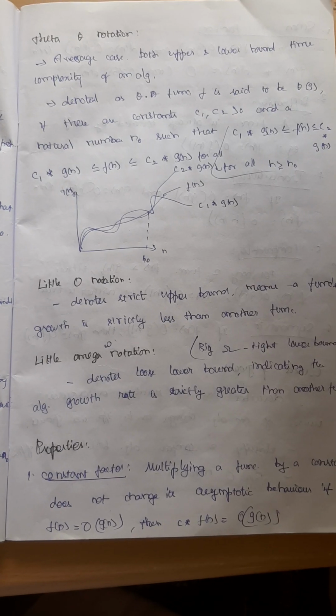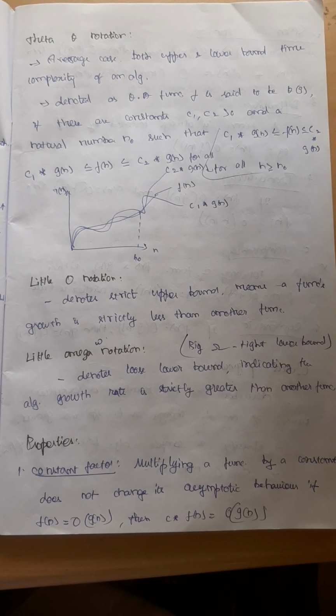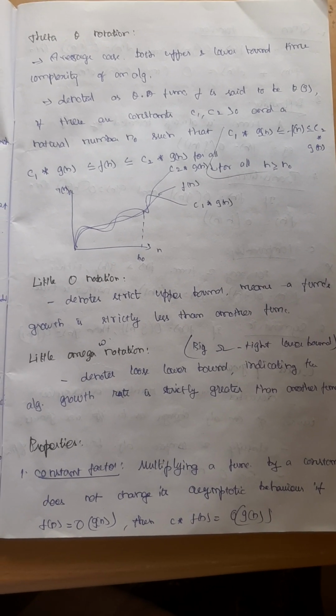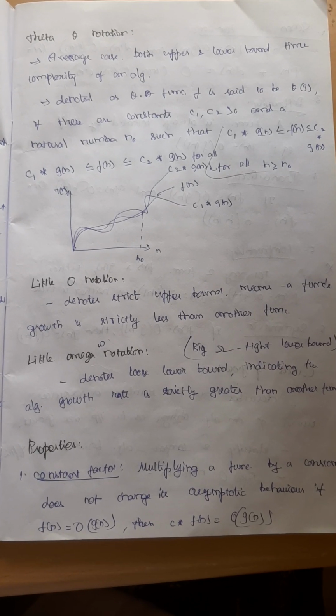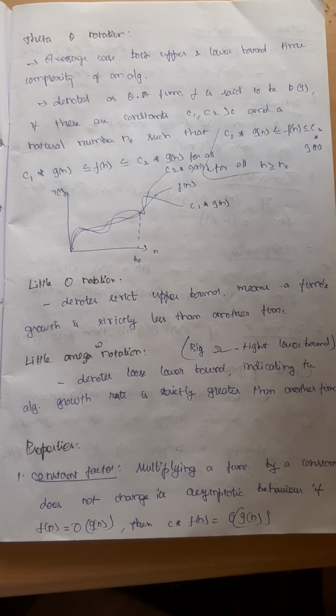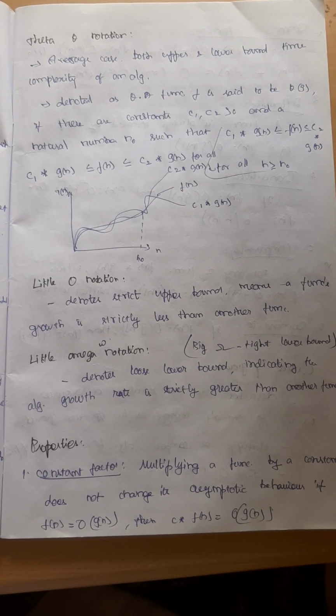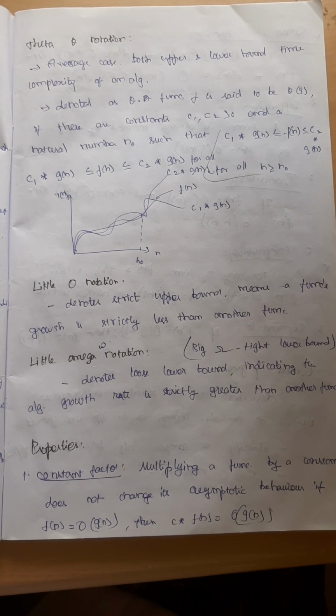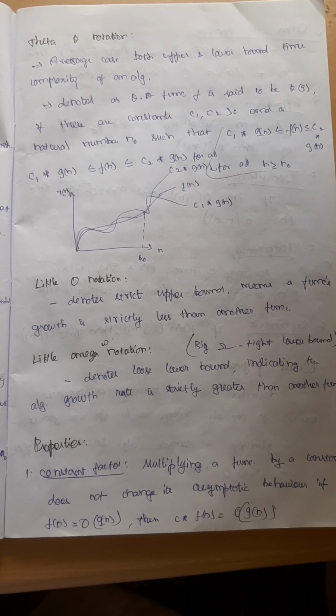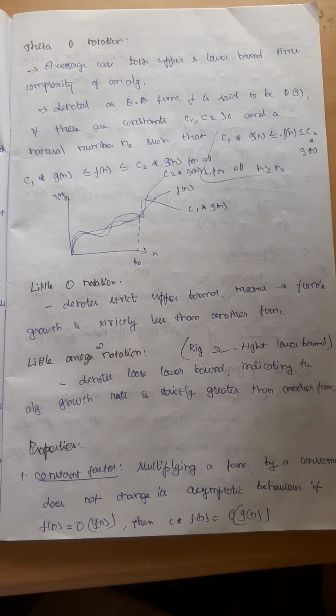Next, the theta notation. It represents the average case, which means it bounds both the upper bound and lower bound of the time complexity of an algorithm, and it is denoted as theta.